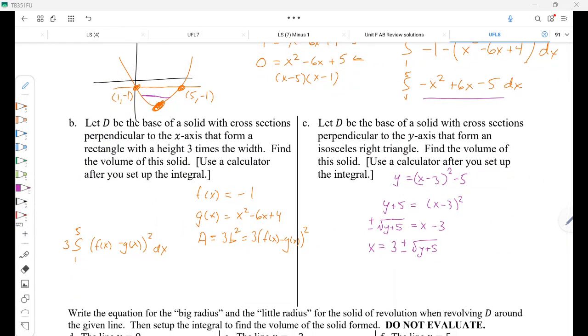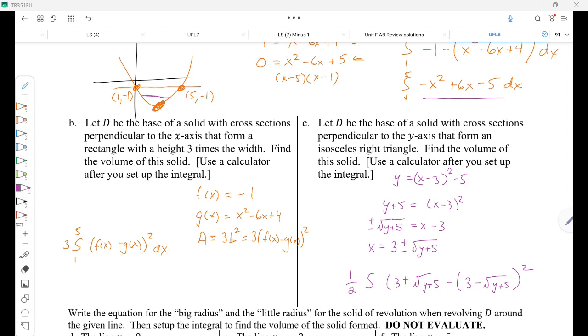We need to integrate, what do we got? An isosceles right triangle. So when we do an isosceles right triangle, that puts a 1/2 in front as our coefficient. We're going to integrate our upper function, 3 plus square root of y plus 5. Not done yet. We have to subtract our lower function, which is the quantity 3 minus square root of y plus 5, all squared.